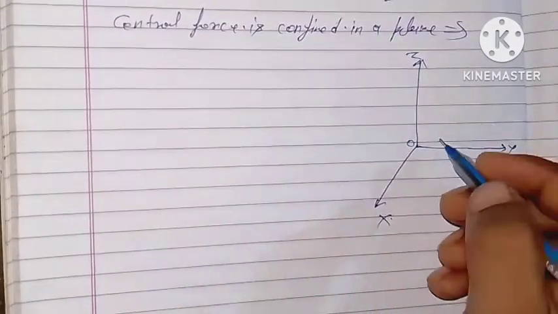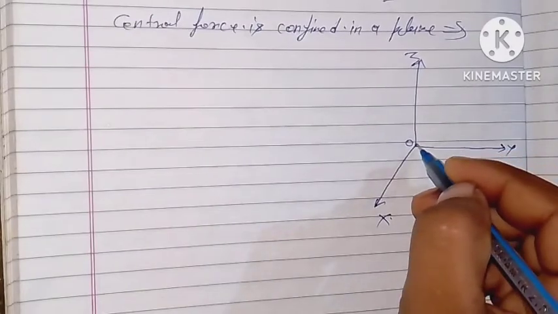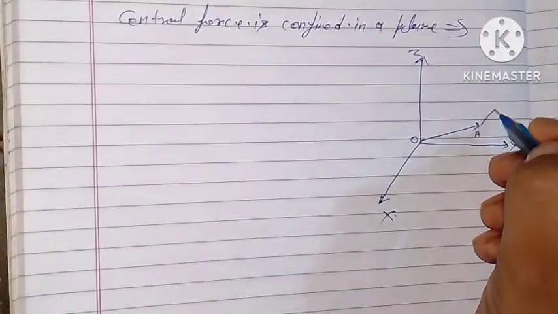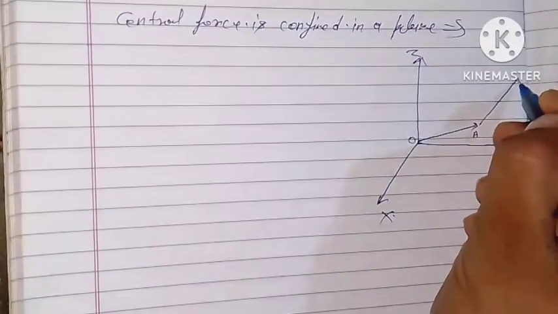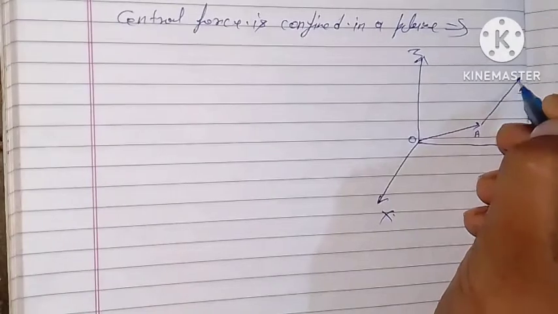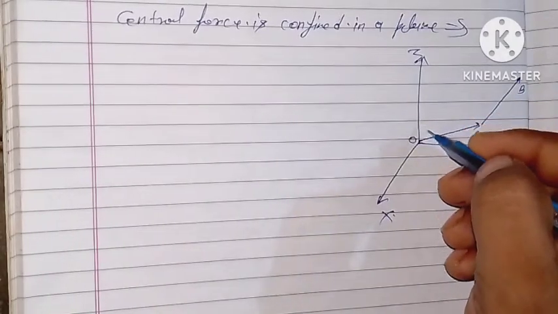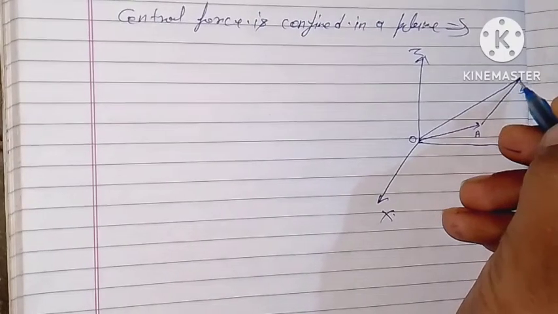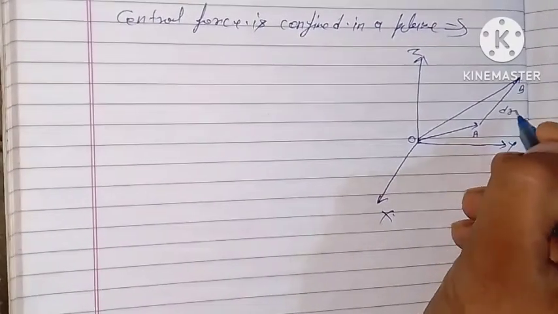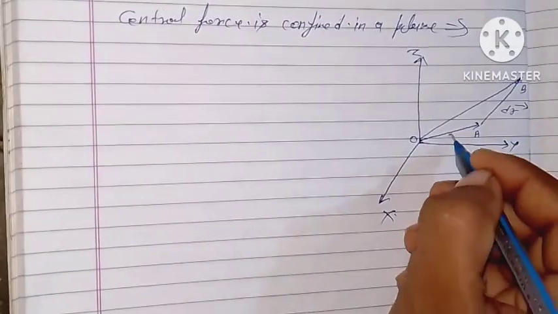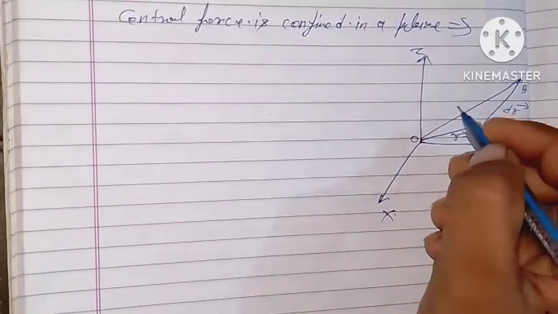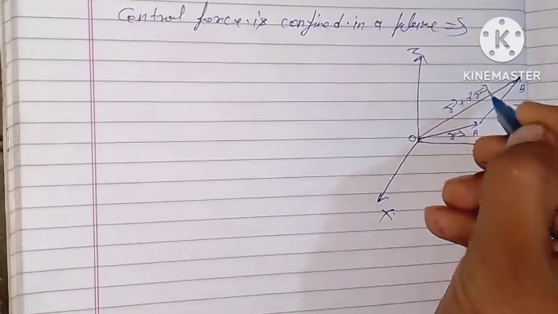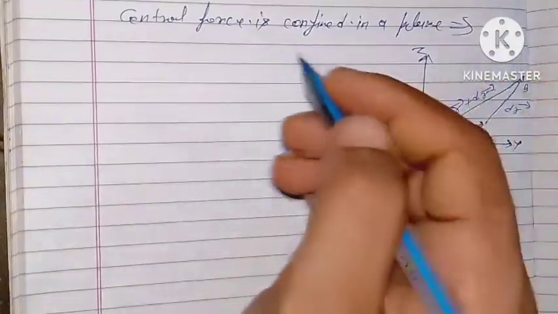Its origin is O, and this is a vector A, this is a vector B, and this is a resultant vector dr, and vector r, and vector r plus dr vector. This is origin point O.